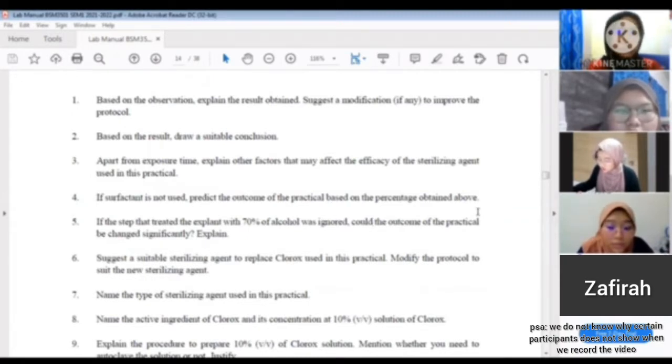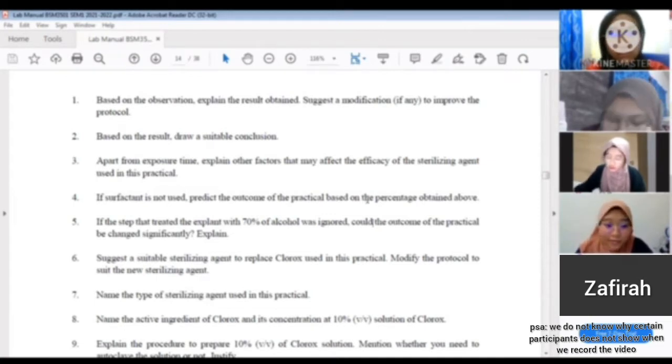Okay, I agree with you. Anyone want to add their point? Because my answer is that 70% alcohol is used to kill the microbes. So if we do not use the alcohol, the plant will be contaminated from the start. Okay, I agree.